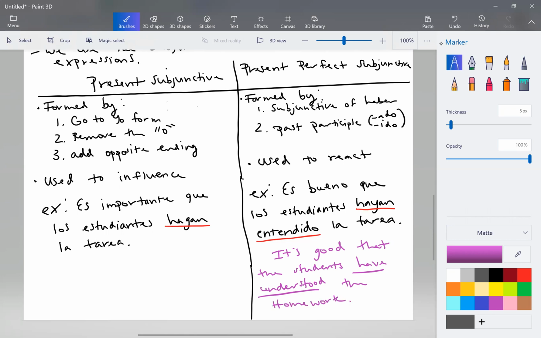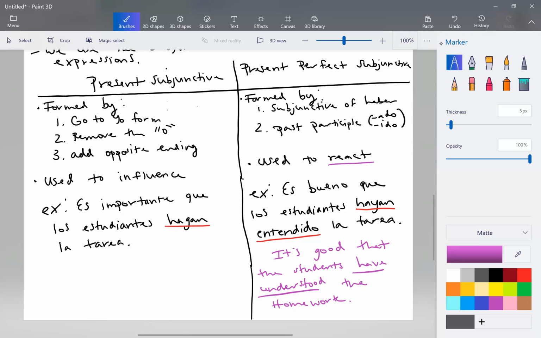Okay. Did they understand the homework? In this sentence, did they understand the homework for sure? Yes. Yes. And I'm just reacting, saying it's good that that happened. Okay. So this is used to react to events that actually happened. And we're just giving an opinion on them.